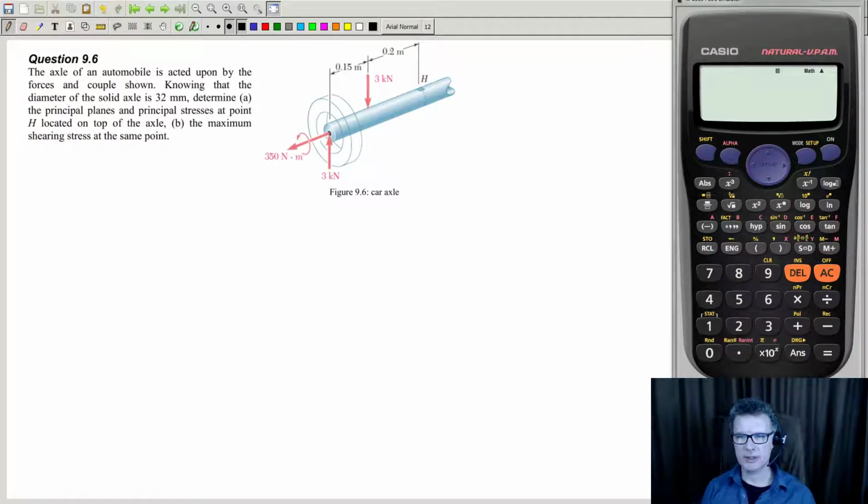So we've got this rod being acted on by a couple of forces. Overall, we've got a full turning moment going in this direction, so that is being put in tensile. This one here will be compressing it.